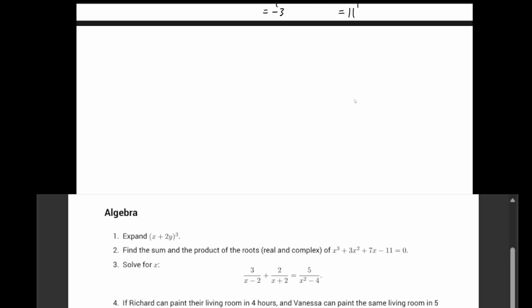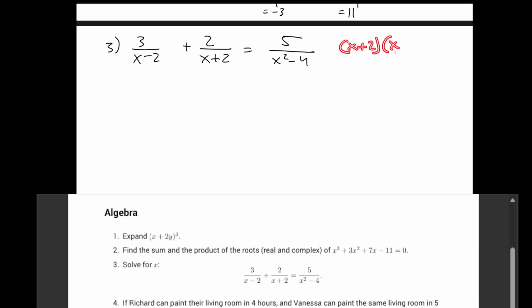Solve for x. So we have 3 over x minus 2 plus 2 over x plus 2 equals 5 over x squared minus 4. Hopefully we can recognize that if we apply the difference of two squares, it becomes x plus 2 times x minus 2, and then our least common denominator will be x plus 2 times x minus 2.